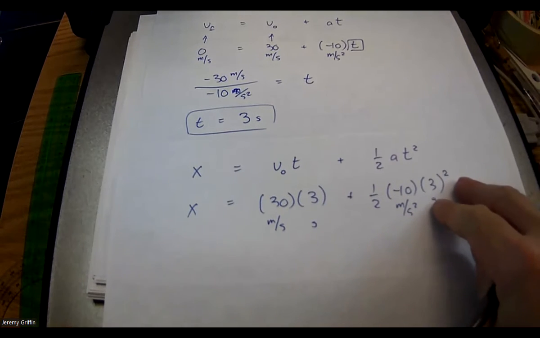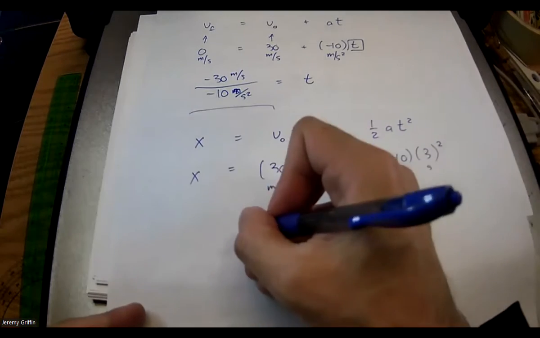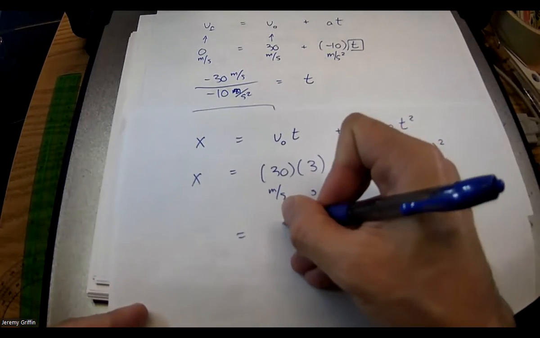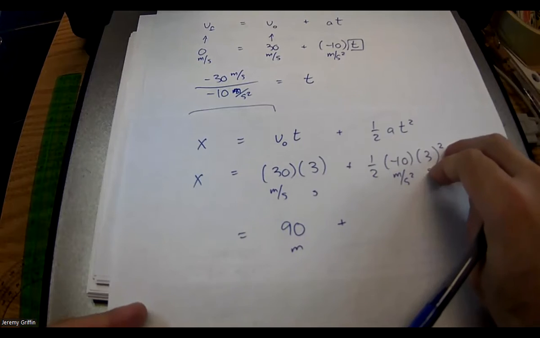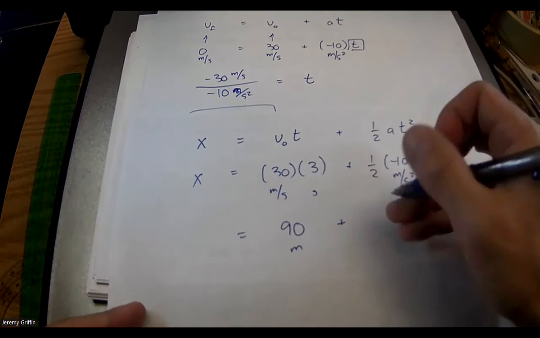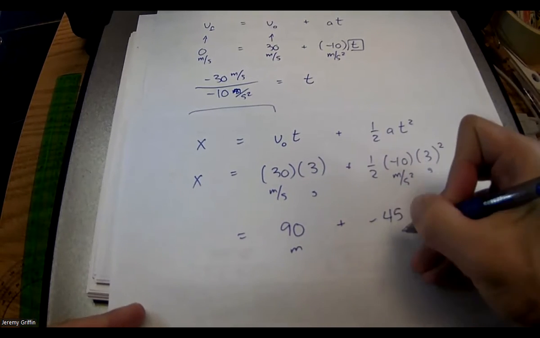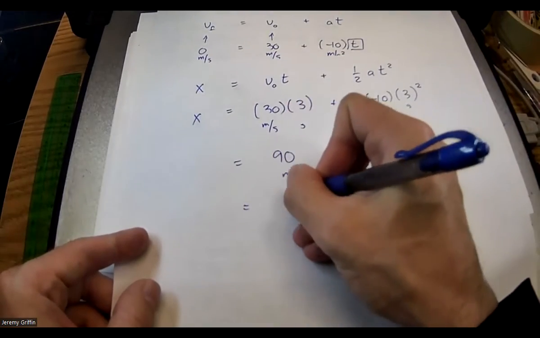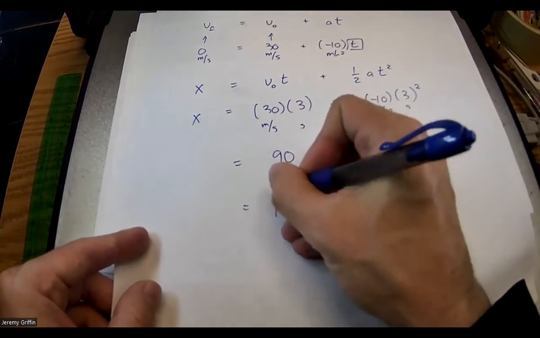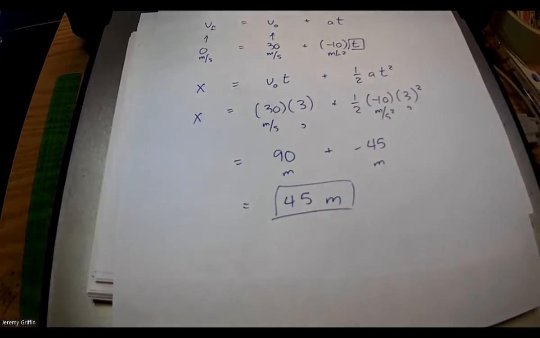The square only applies to the time. So that gives you 90 meters plus 3 squared is 9 times -10 is -90 divided by 2, it's -45 meters. What's 90 minus 45? 45. It's the same thing. Look at that. There's two approaches. It's the same answer.